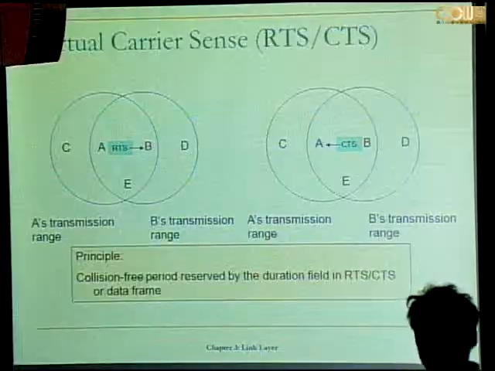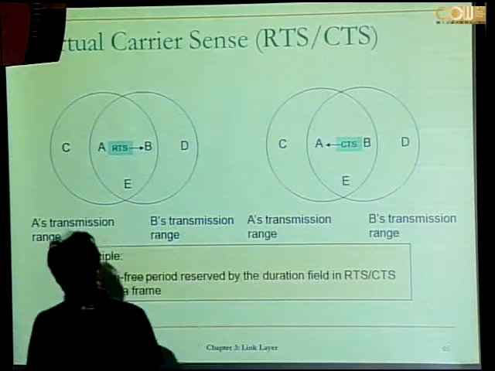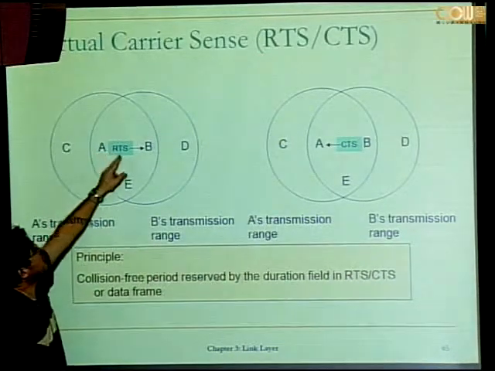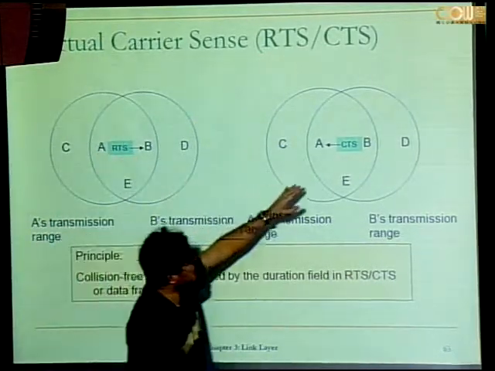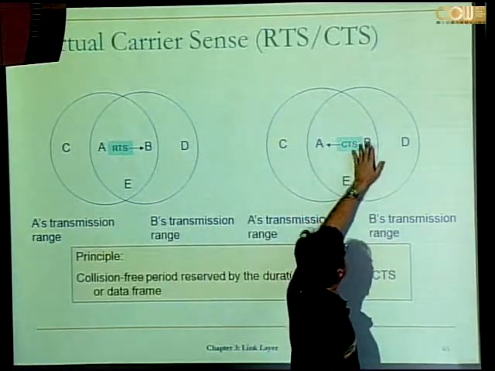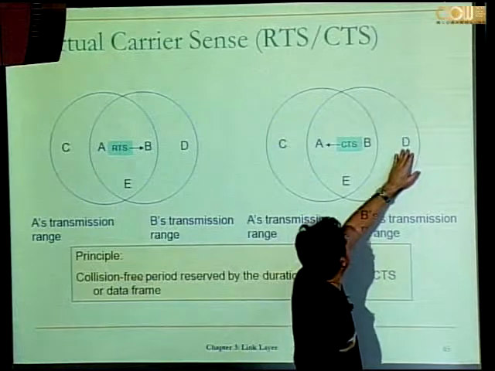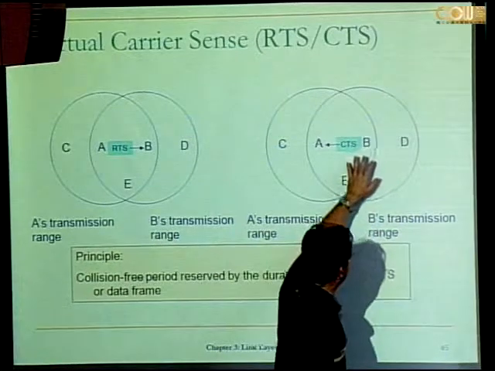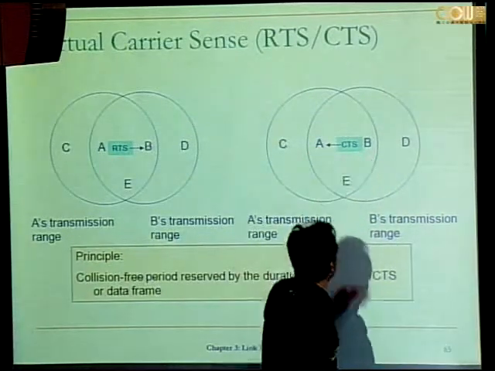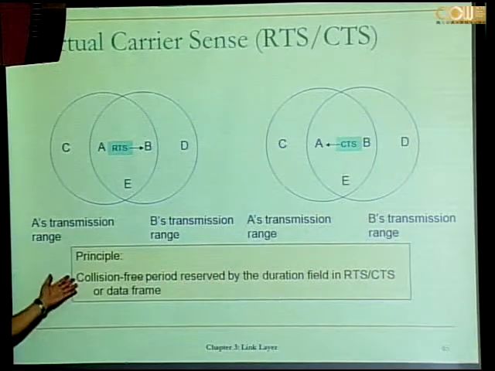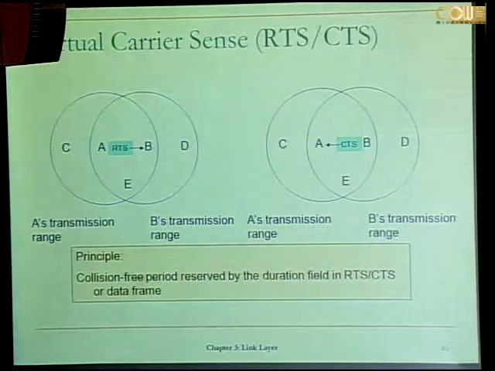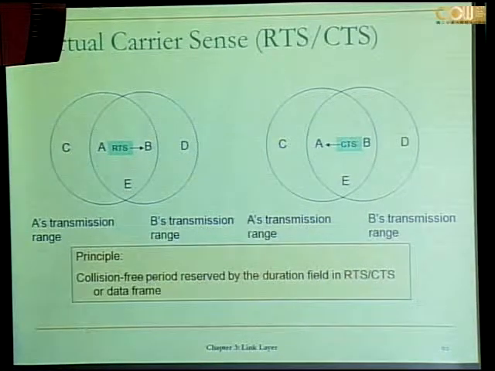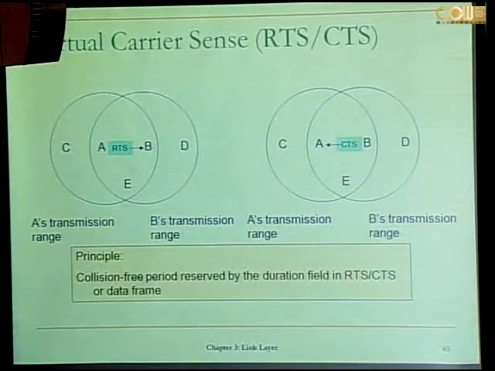So that's RTS, CTS. If you look at this figure, A is going to send to B. So A sends B an RTS, and then B sends a CTS to A. And this CTS is also received by D, so D would keep silent for a period of time when A sends a big frame to B. The principle is that the contention-free period is reserved by the duration field in the RTS, CTS, or data frame.